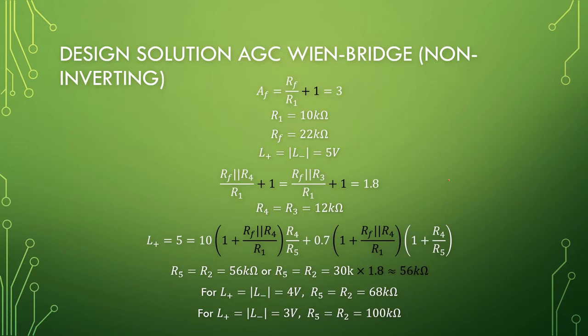Okay, so for the non-inverting limiter, like we have with the Wien-bridges, we should remember that our gain is RF over R1 plus 1, which is 3. Okay, so the gain there is not 2 anymore. And we need to adapt our equations a little bit. And I've done it in here.